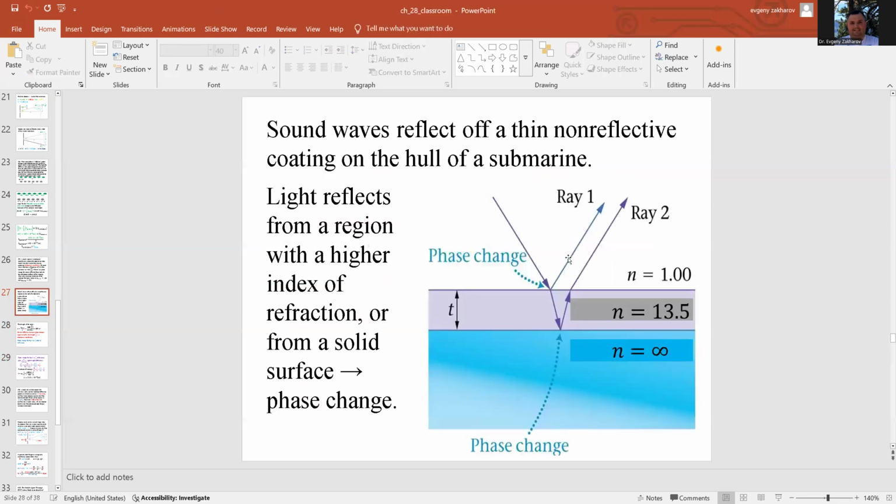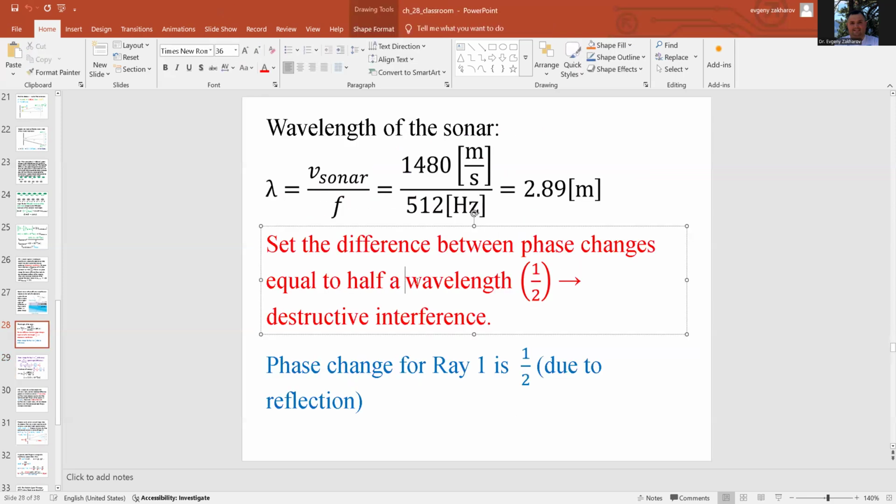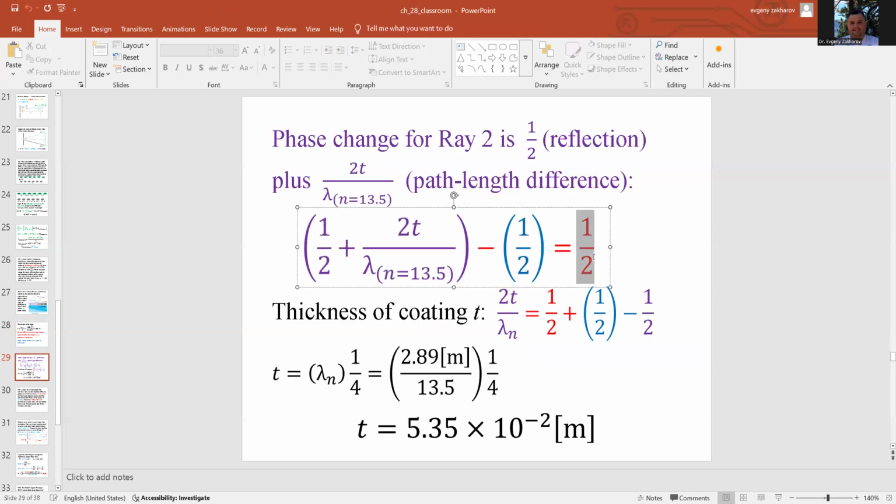And for ray number 1, the ray in blue, you only have one phase change because you're going from air to the anti-reflective coating, and you get just one half. And don't forget that it's the destructive interference. So this is one half for the destructive interference. So the difference between the two rays is equal to one half. And you have to solve for the t, the distance traveled through the reflective coating.